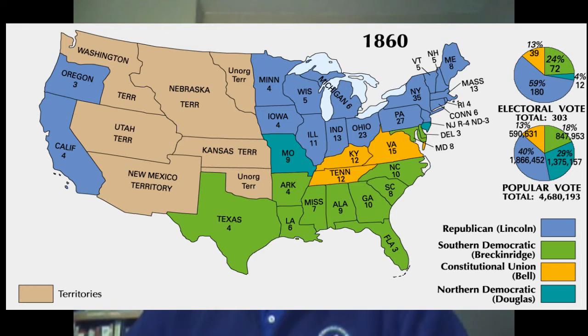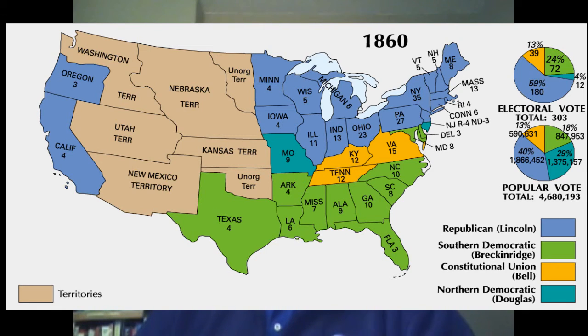So he doesn't get a majority, but you didn't need to get a majority in order to be elected president. You had to get a majority of the Electoral College. Since the states of the North were in favor of Abraham Lincoln, he got 180 Electoral College votes, and you needed 152 to win.